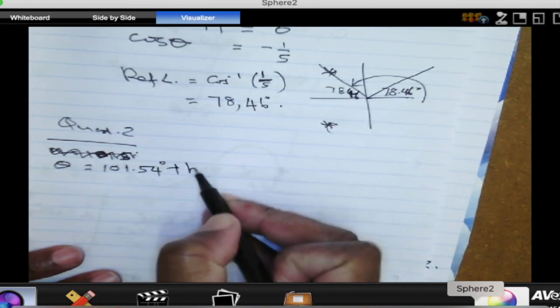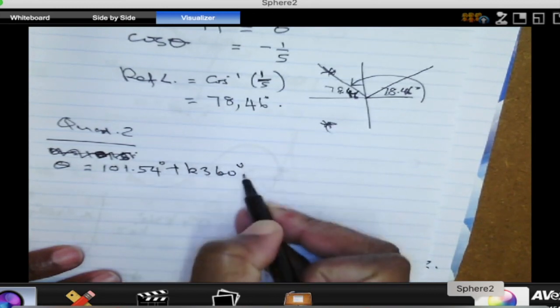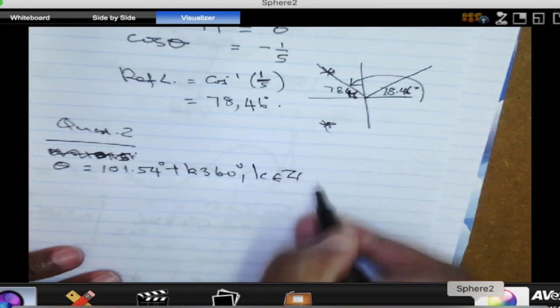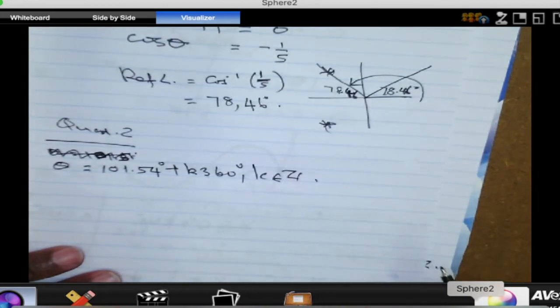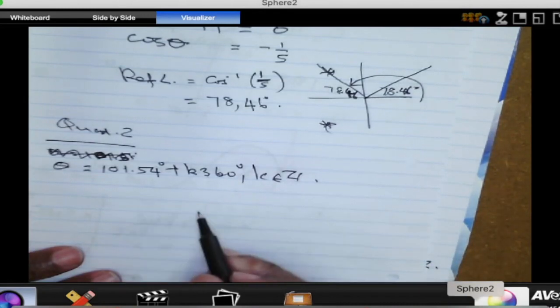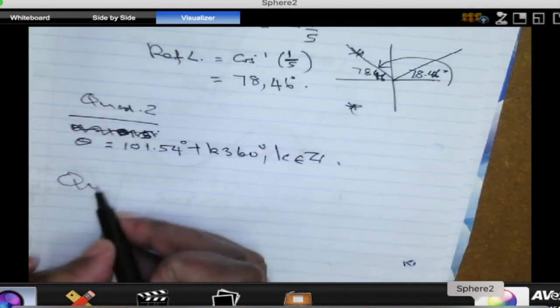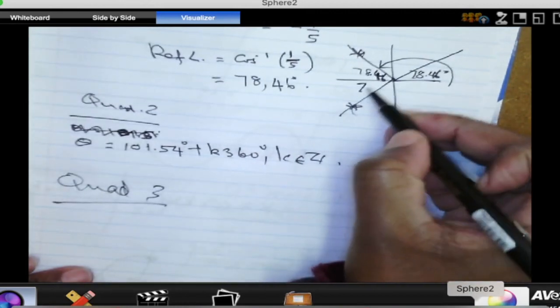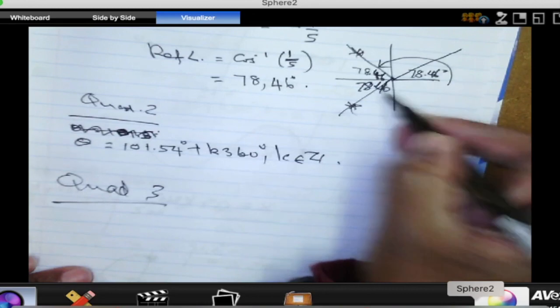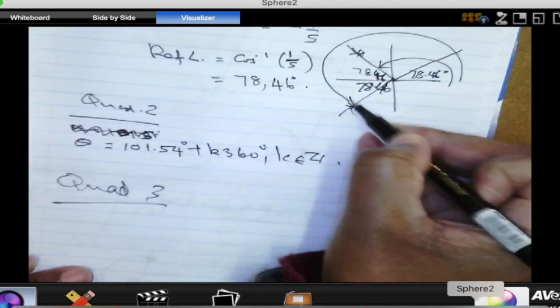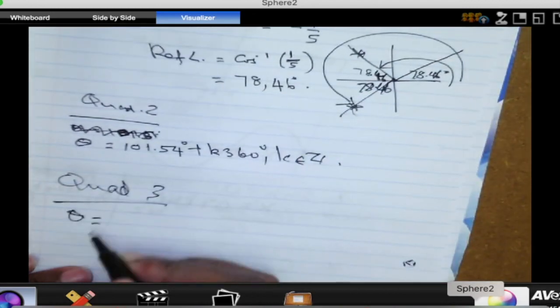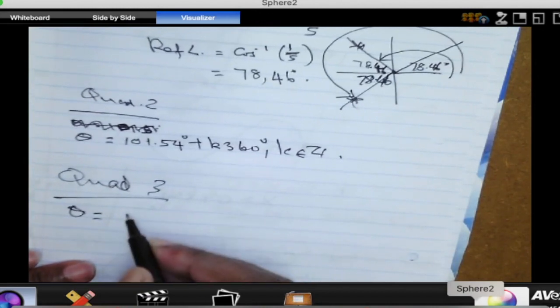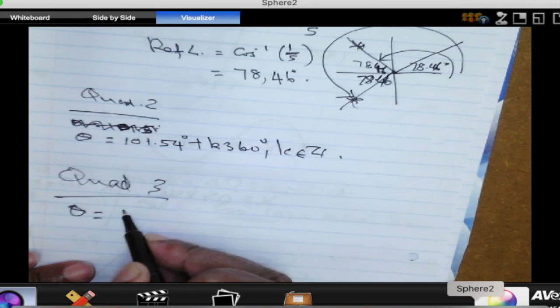Now you can add k 360 there. So that is from quad 2. Then from quad 3, this is what we have, and this is 78.46. So we are looking for that angle there. So from quad 3, what is theta? You said 180 plus 78.46, right? And you're getting?